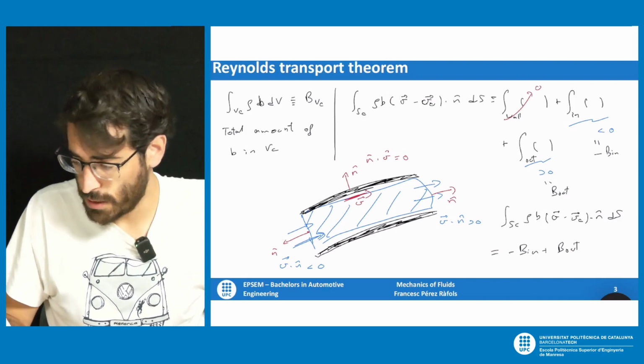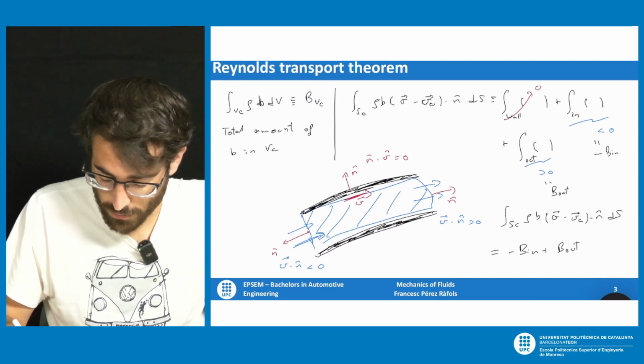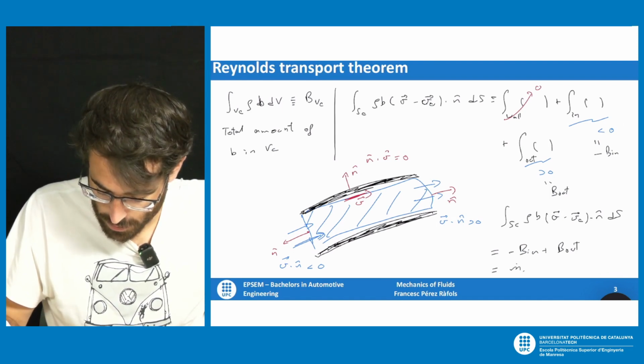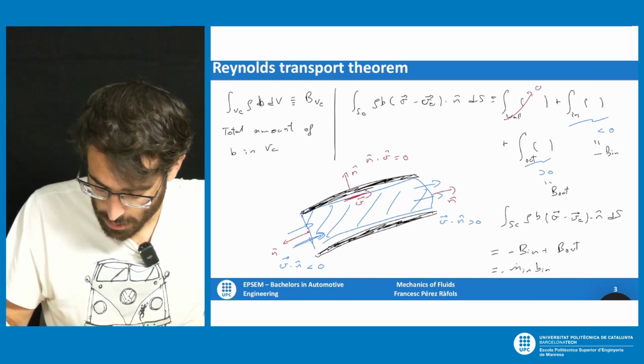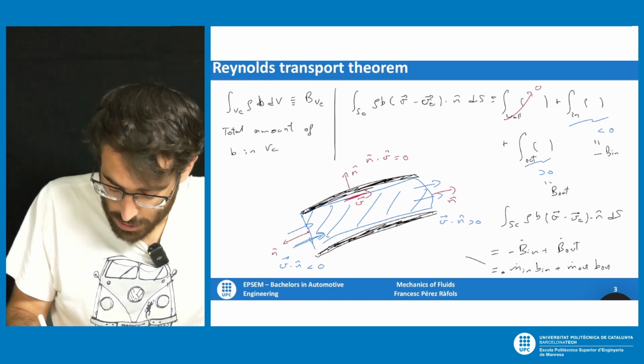And then in some cases, we will even be able to simplify it further and have it as minus mass flow in times b in, and then plus mass flow out times b out. And I forgot the dots in here. And when is this true?